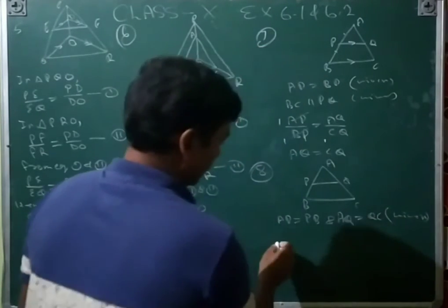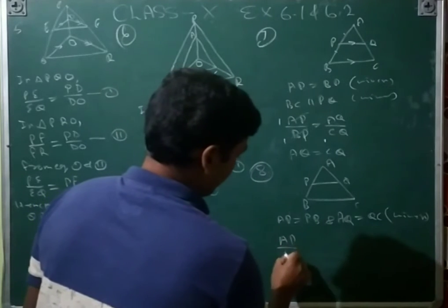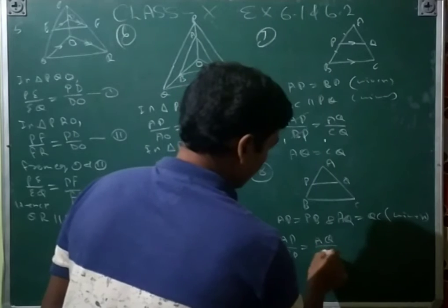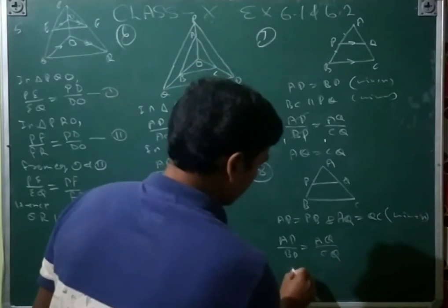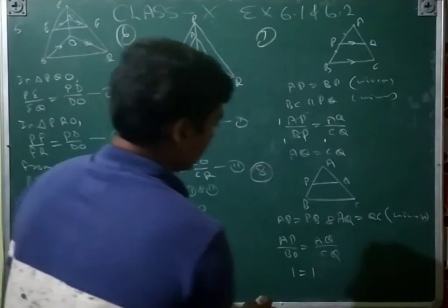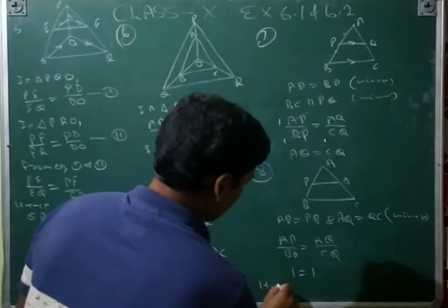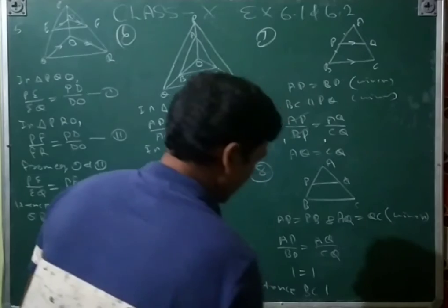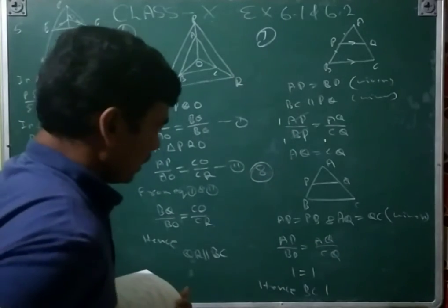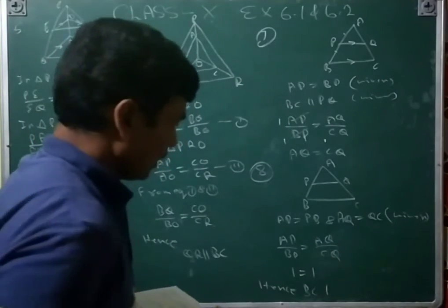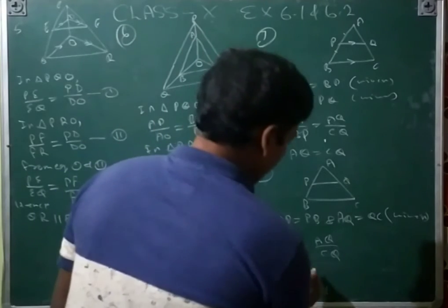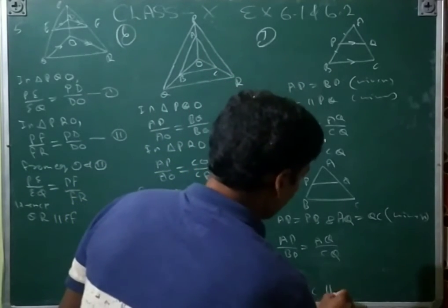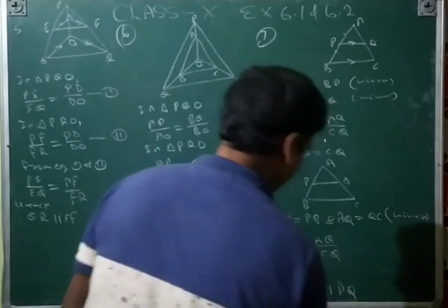So AP upon BP is equal to AQ upon CQ. So both are equal, so 1 is equal to 1. Hence BC parallel PQ.